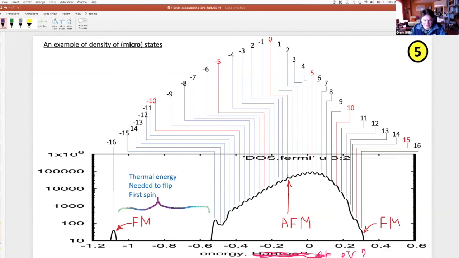In the absence of magnetic field, it would have the maximum at the antiferromagnetic configuration, when the number of spins up and down is equal, and the number of peaks in this distribution corresponds to the possible number of discrete values of magnetization.